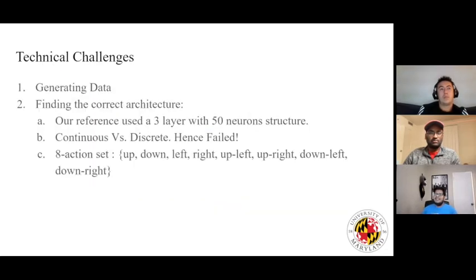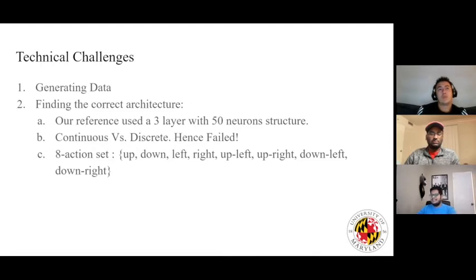The second challenge that we faced was finding a correct architecture. So instead of randomly placing different layers and working randomly, we decided to have a very systematic approach. The reference that we used for this project used a 3-layer 50 neuron structure. Pretty simple, pretty straightforward. It would have taken very little time to train. But since this was now reduced to a discrete space, this model was failing.